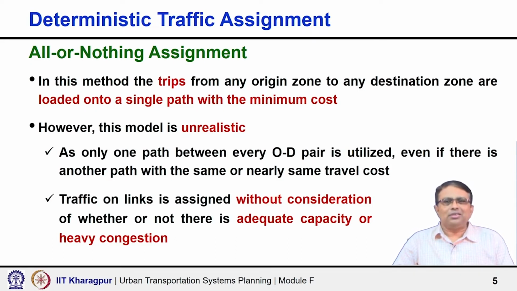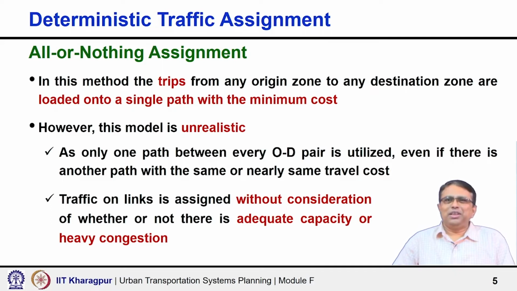Why is it unrealistic? First, in this case only one path between every OD pair is utilized. Between one origin and one destination, there could be multiple paths. An urban network, where this kind of assignment is primarily used, and this is of course a course on urban transportation systems planning, has multiple paths.